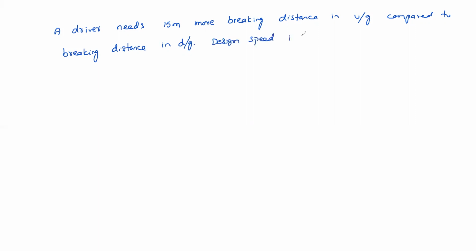Design speed is 80 kmph. F equal to 0.35. Find the gradient of the road in percent.